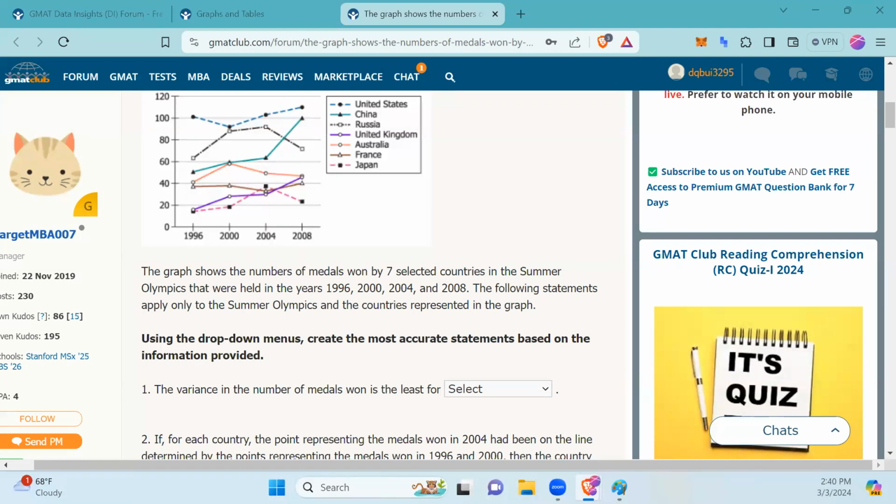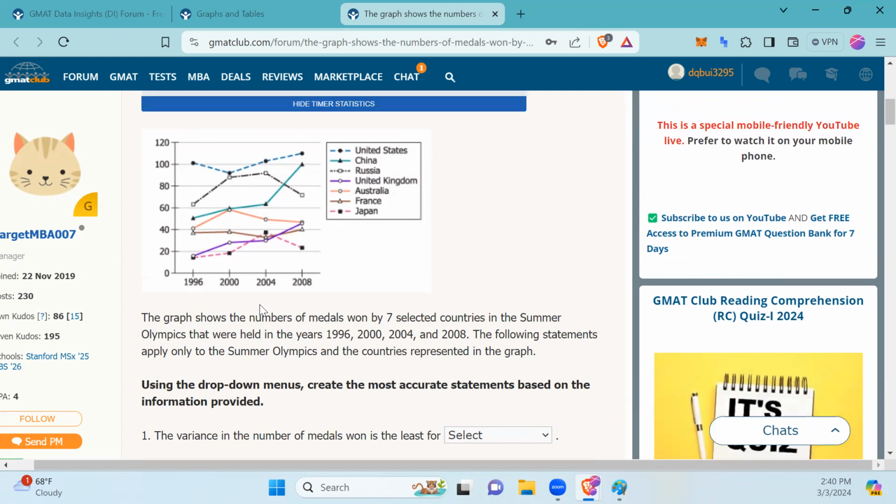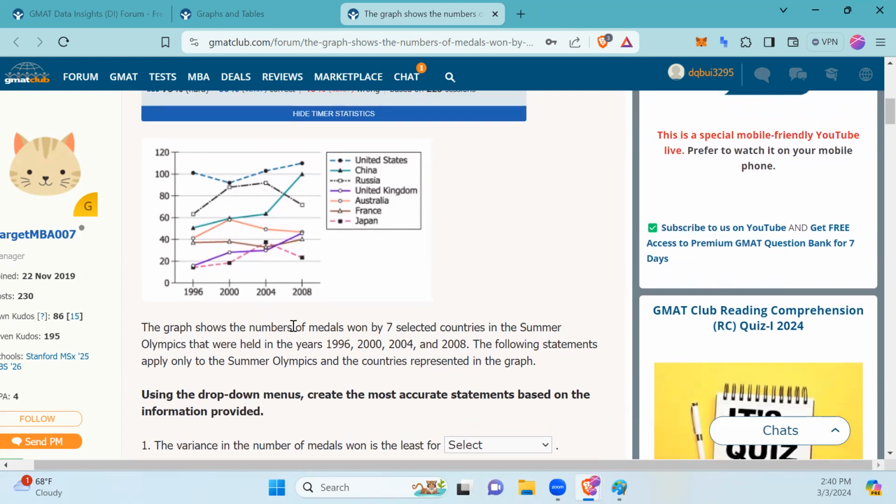The graph shows the number of medals for each country in each year, in 4-year increments. So basically the Olympics of 96, 2000, 2004 and 2008, from how many countries? 7 countries.